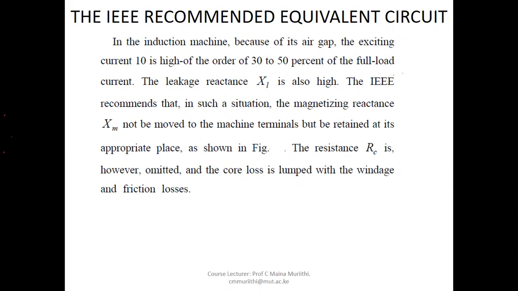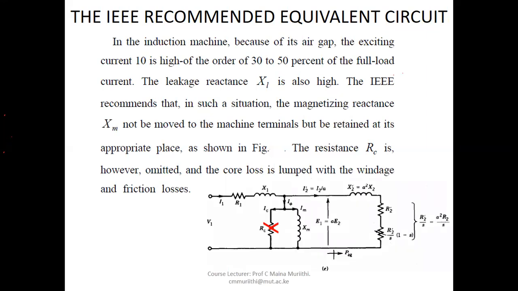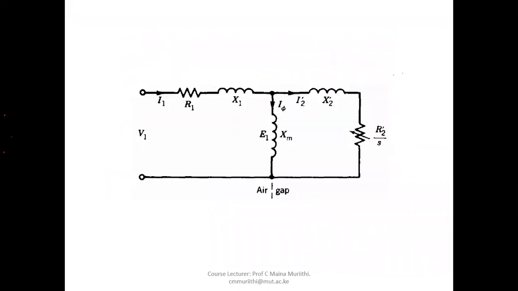In terms of the equivalent circuit, they recommend that RC be omitted and lumped in the form of windage and friction losses. So that means this is removed. Once that is removed, we have what we call the IEEE recommended circuit.